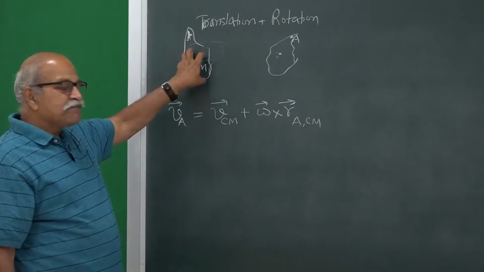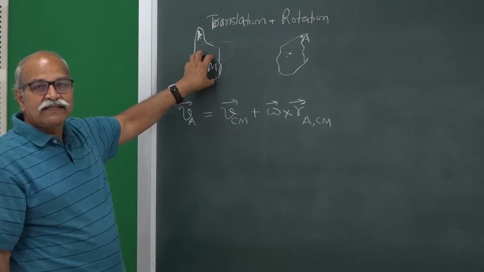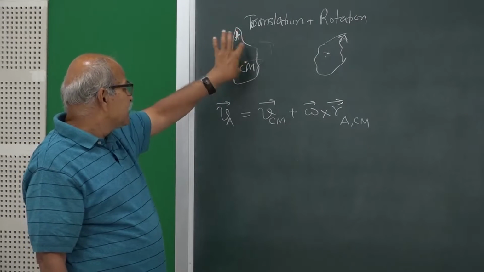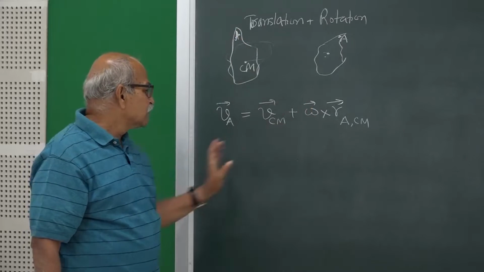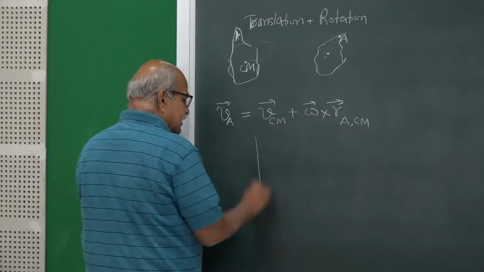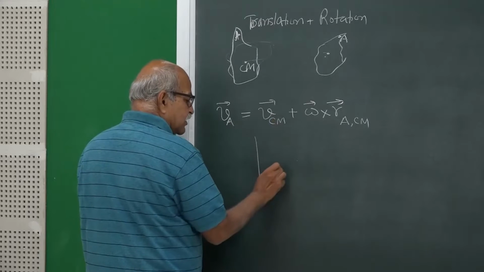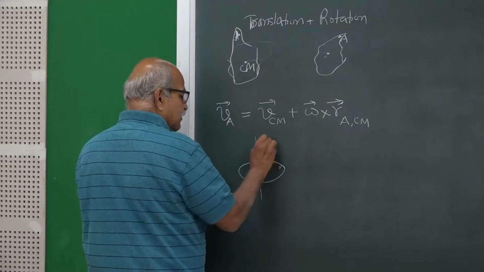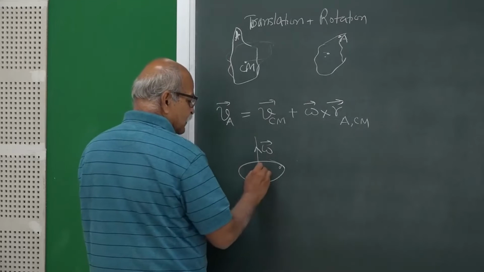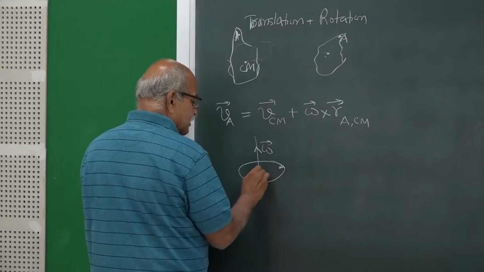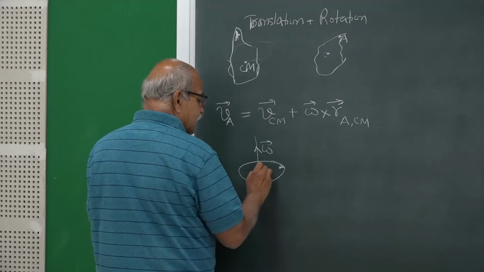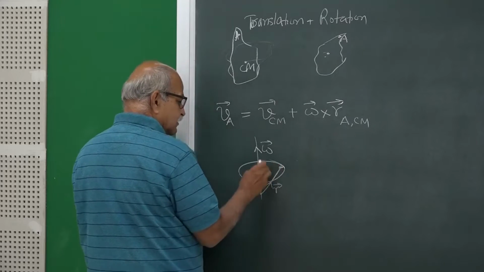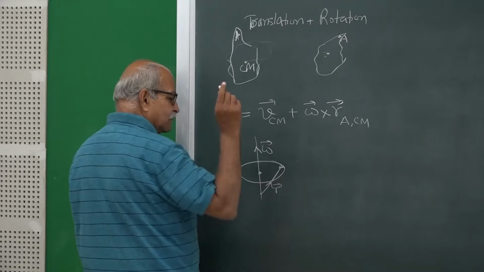So, you fix up a frame with the center of mass at the origin, and in that frame this is a pure rotation, and pure rotation can be described by this, because if you have an axis here, every particle goes in a circle, and you can work out that if this is the omega rotation axis, and you take the origin here or anywhere, then this r vector and this omega vector, the cross product is v.